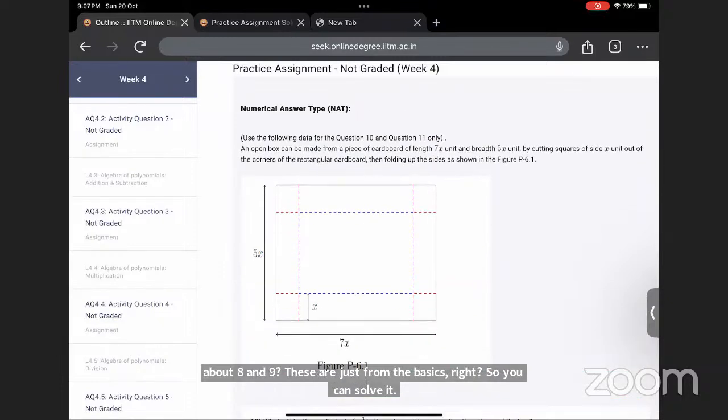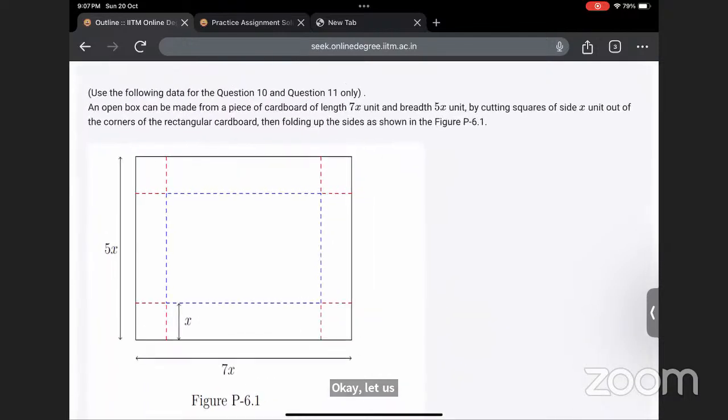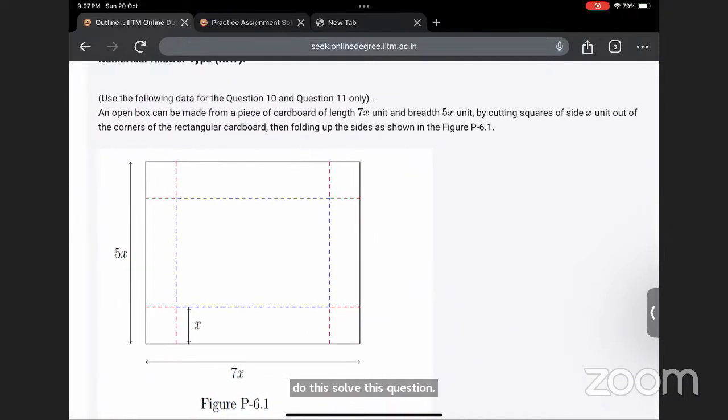Okay, let us solve this question. So this is the box given here, okay? Just scan it. Also, you can draw it in your paper. Then we will solve the next questions, okay? So is it done?